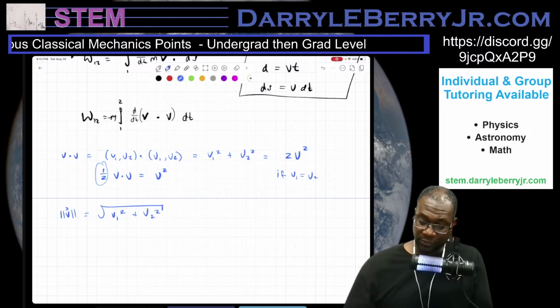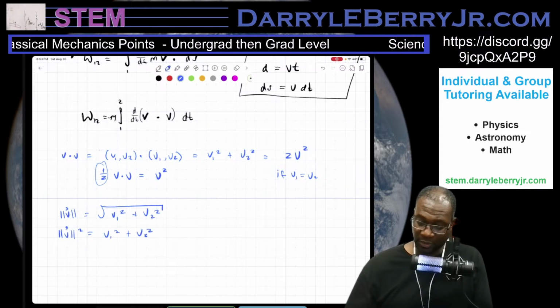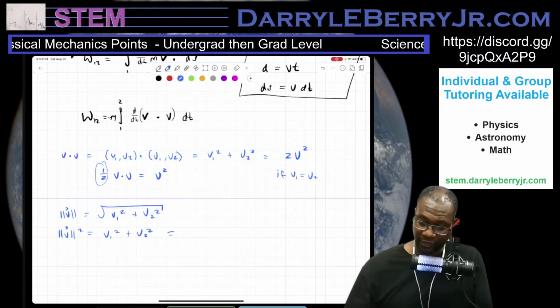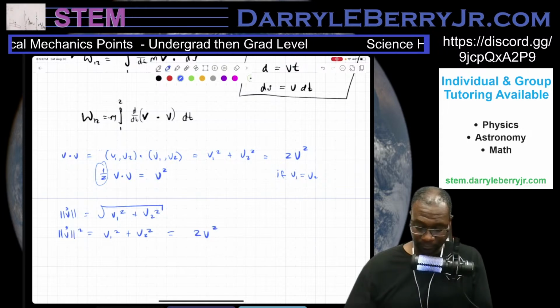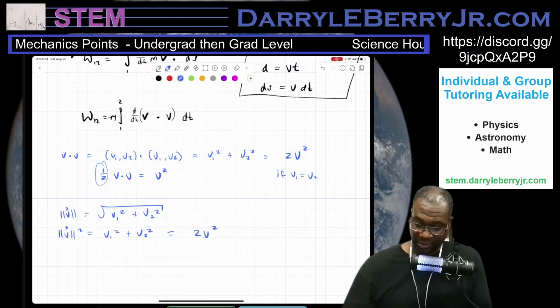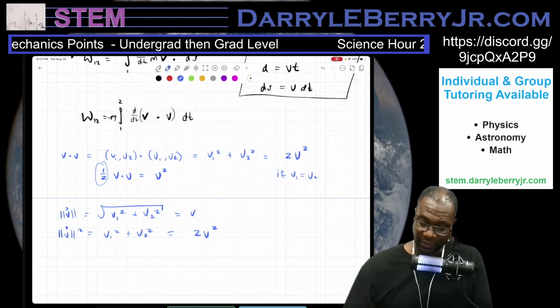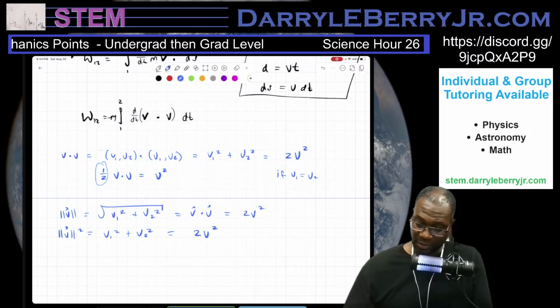So the magnitude squared equals v1 squared plus v2 squared. And again, if I say v1 is equal to v2, like a 45-degree angle, it'd be 2v squared. And this may give us the same thing. And this is just v dot v equals 2v squared.